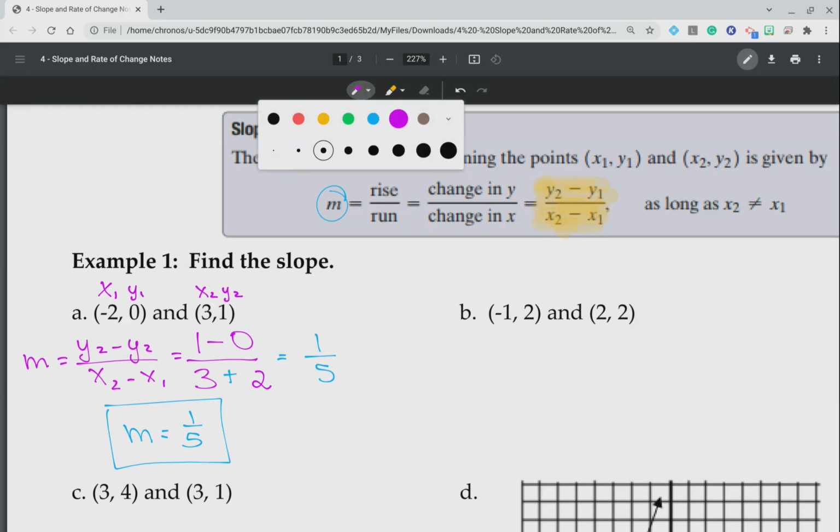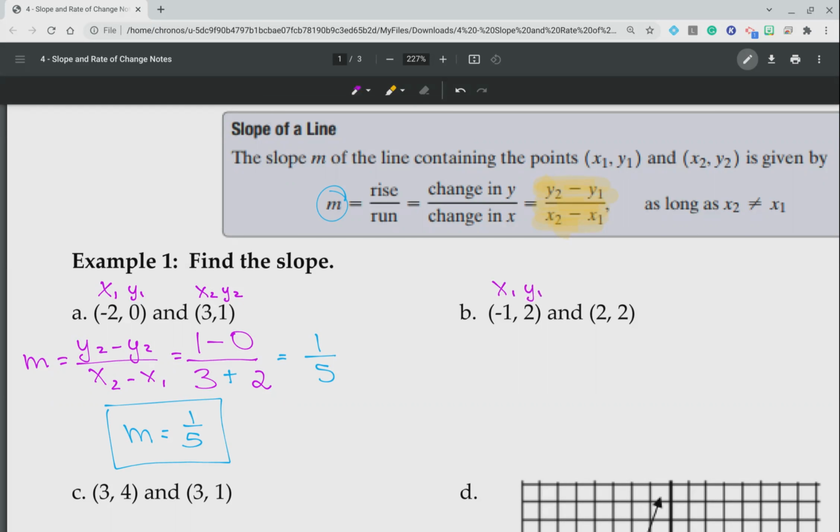Okay, let's look at example B. So I'm going to label my x1, y1 and my x2, y2. So again, my slope formula is y2 minus y1 over x2 minus x1.